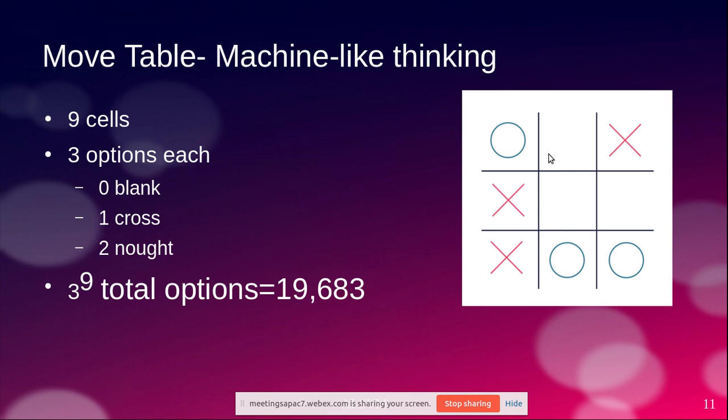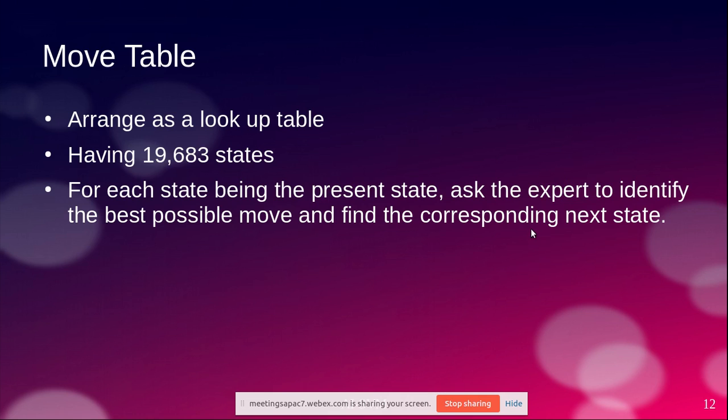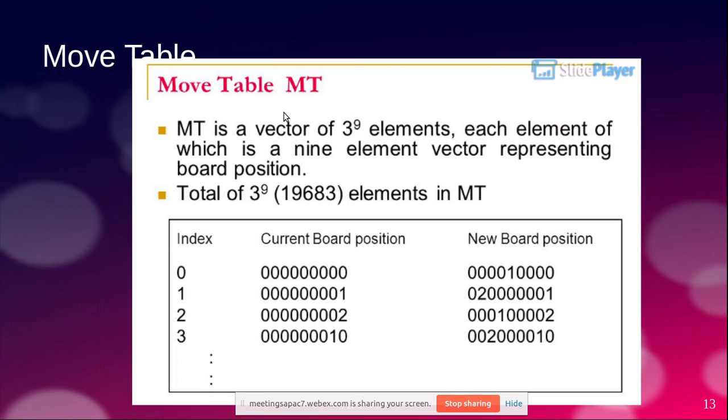Take the opinion, and ask, if you are supposed to place a knot, where do you place it? Take the opinion, and put those opinions in the next state of that particular present state and create the table. That table we call a lookup table, or since it is useful in moving, we can also call it a move table.